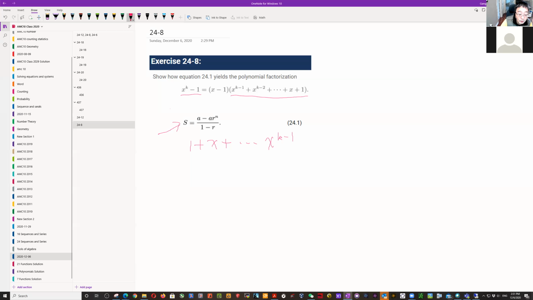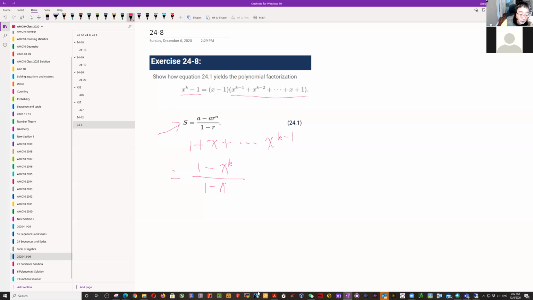This is the partial sum of a geometric sequence, equal to 1 minus r to the n over 1 minus r. Here x is the r, so 1 minus x on the bottom, and the top is 1 minus the last term, x to the k.